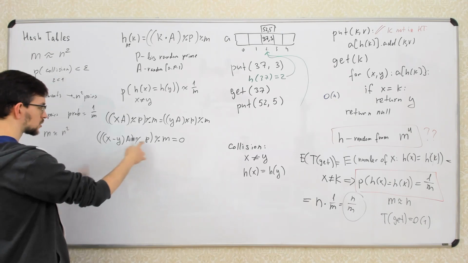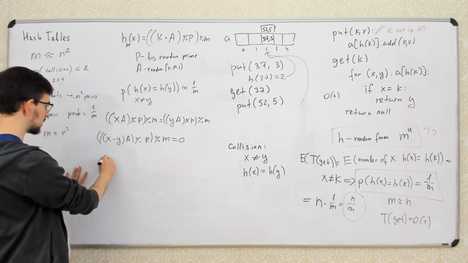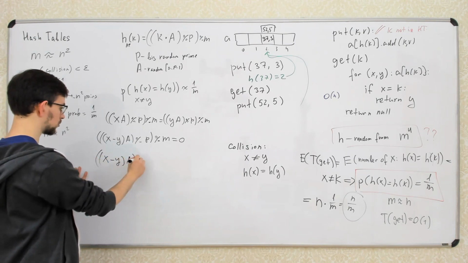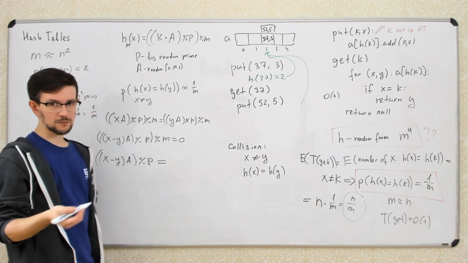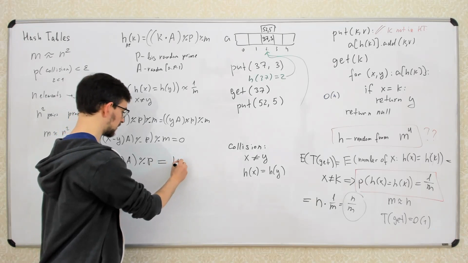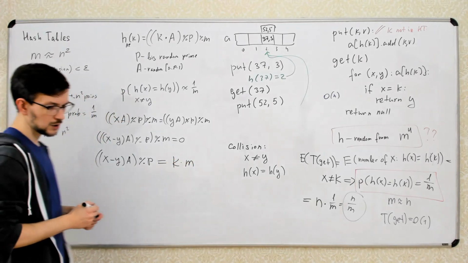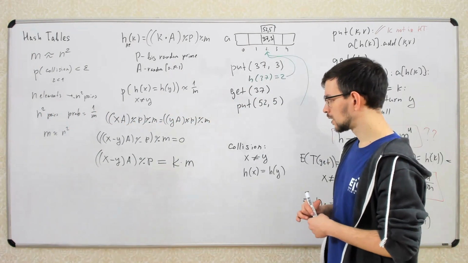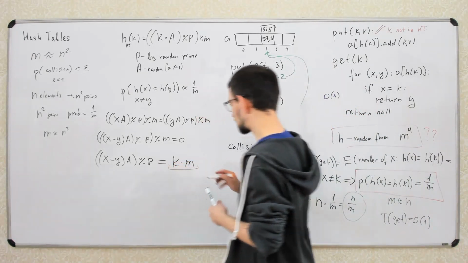Here we have some number which is modulo M equal to 0. It means that this number x minus y times a modulo P is equal to some number which is divisible by M. So it's some k multiplied by M. Now let's see what this number may be.